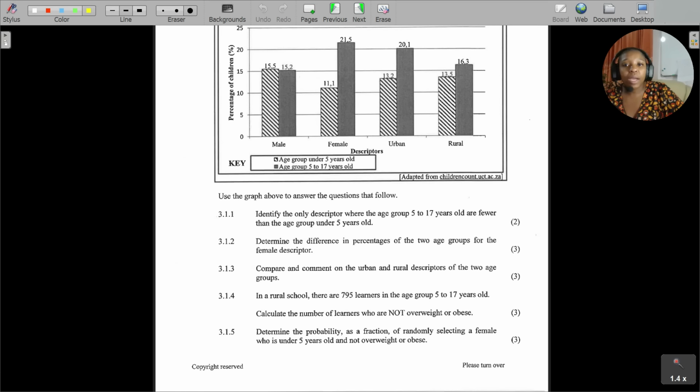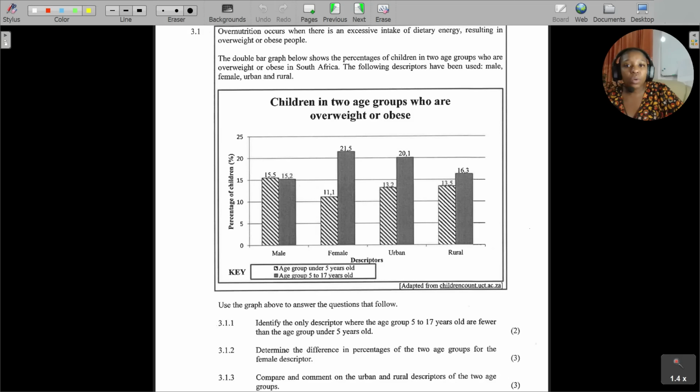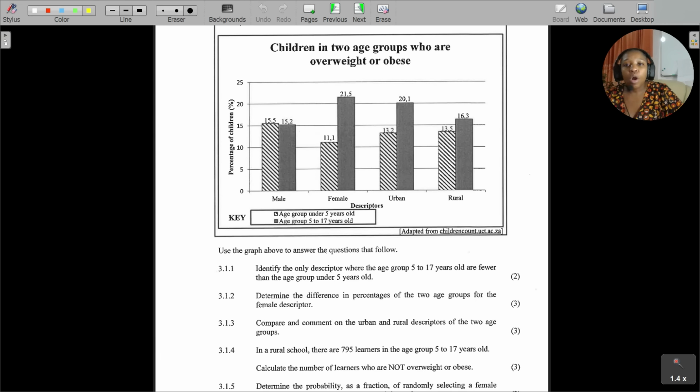Question 3.1.1 says identify the only descriptor where the age group 5 to 17 years old are fewer than the age group under 5 years old. When you see a bar that has been decorated in this manner, it indicates children of the age group under 5 years old. But if the bar has been shaded in gray, that indicates the age group of children that are 5 to 17 years old.